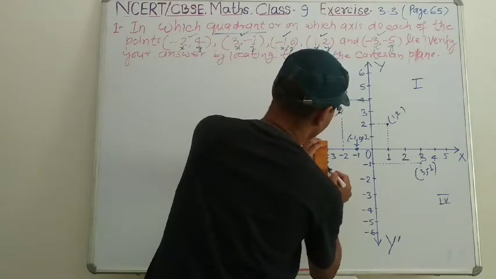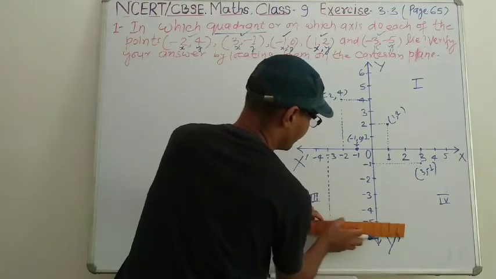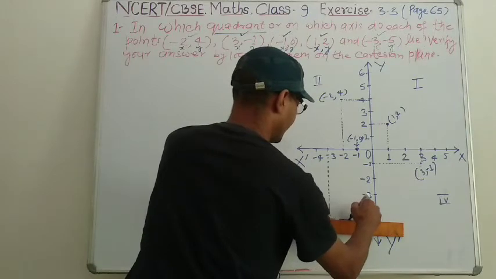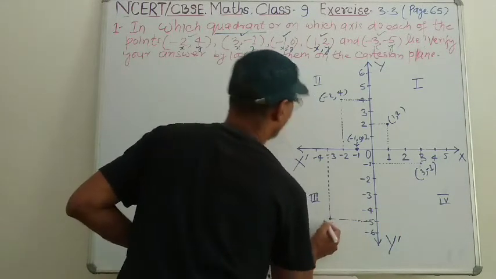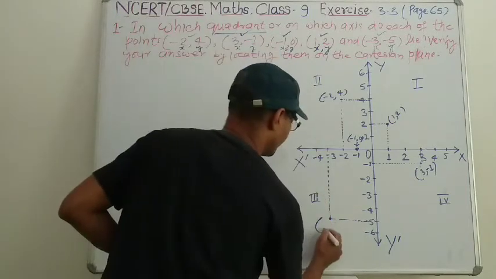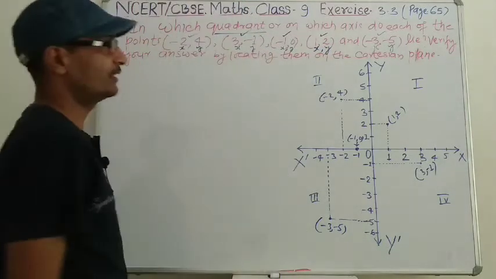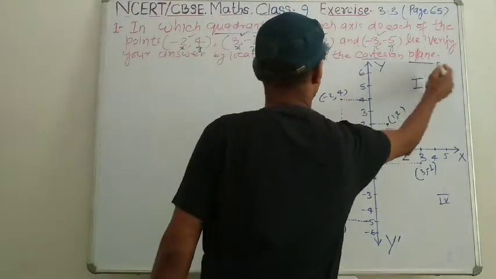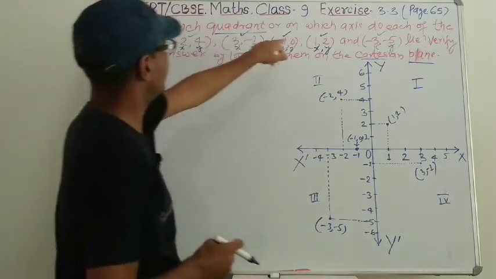It is here, in line with minus 3; we can draw a straight line. So this point is minus 3, minus 5. So these are the points located in the Cartesian plane. Now we write the answer: in which quadrant or on which axis.